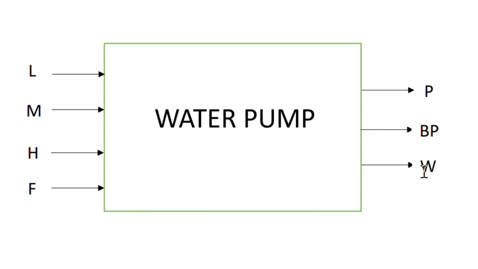The second output is our backup pump, which will activate when our F is 1 and H is 0. And then our last output, which is W, stands for warning if all water levels are 0.